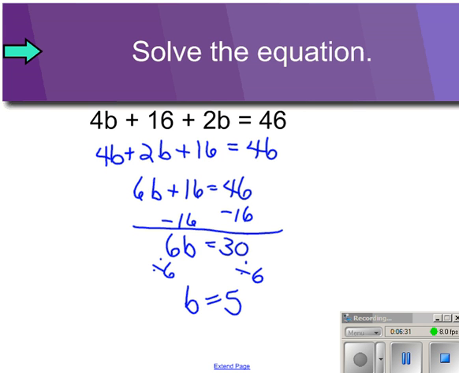Remember, with the check, you take your solution and you put it into the original equation. So it would be 2 times 5 plus 16 plus, oops, that's 4 times 5 plus 2 times 5 equals 46. Well, that's why you go through it.